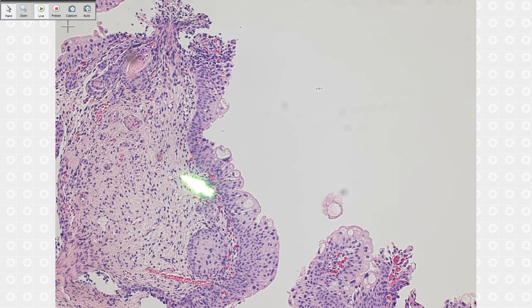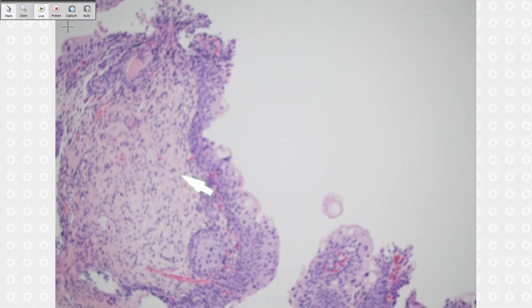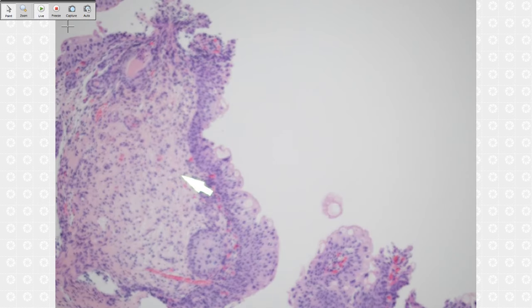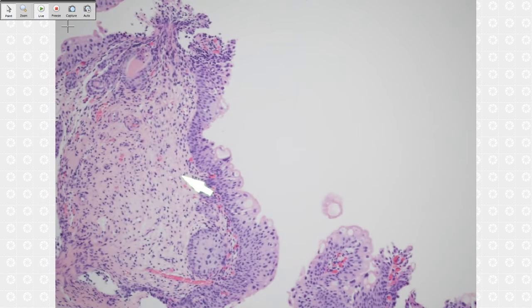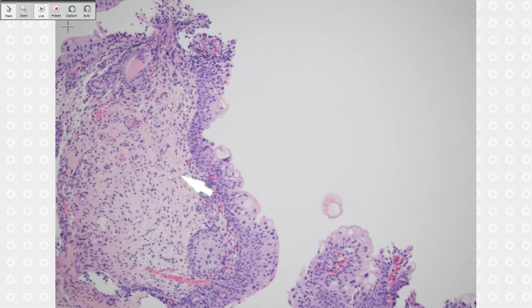I think something here, that's better, much better. The screen is okay, then I focus on my eyepiece. Right side or left side eyepiece? I don't know.